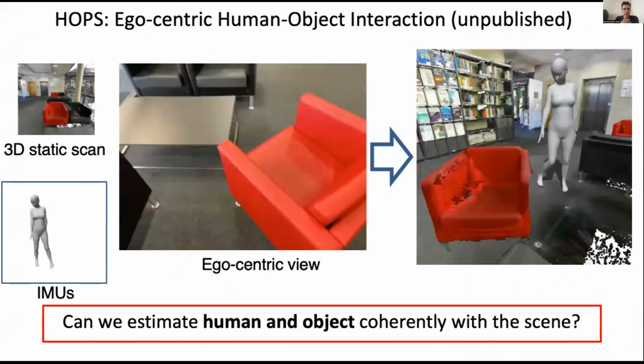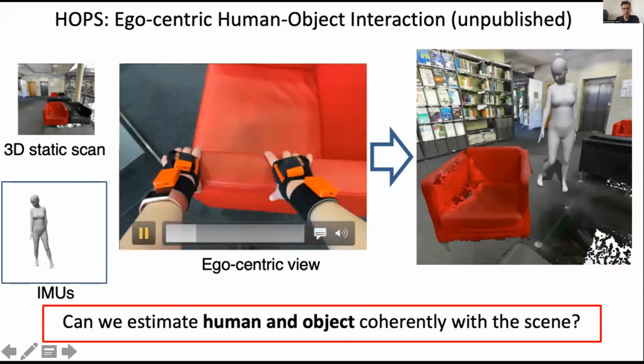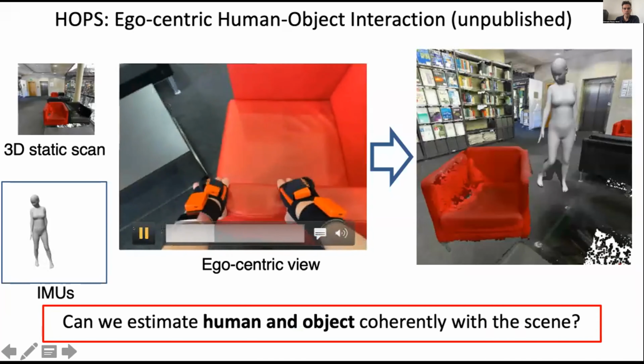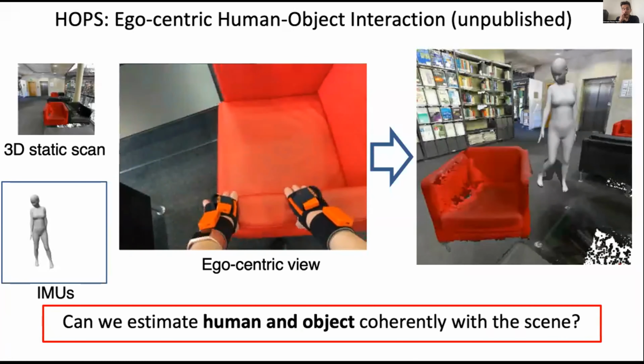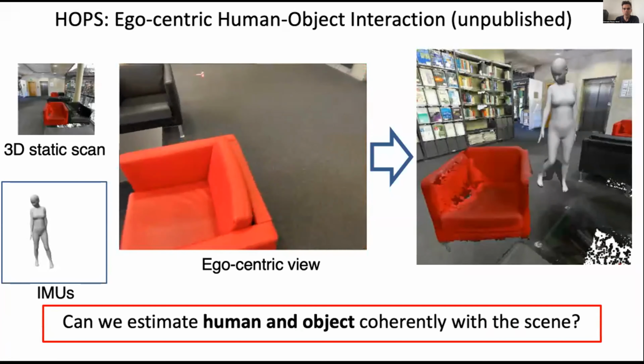So now the question is: using the same input data, like a 3D scan of a person and also the wearable sensors and just a single egocentric view of the human object interaction, as you can see here. There are a lot of occlusions, and it's very difficult to know what's happening because the object is very close.